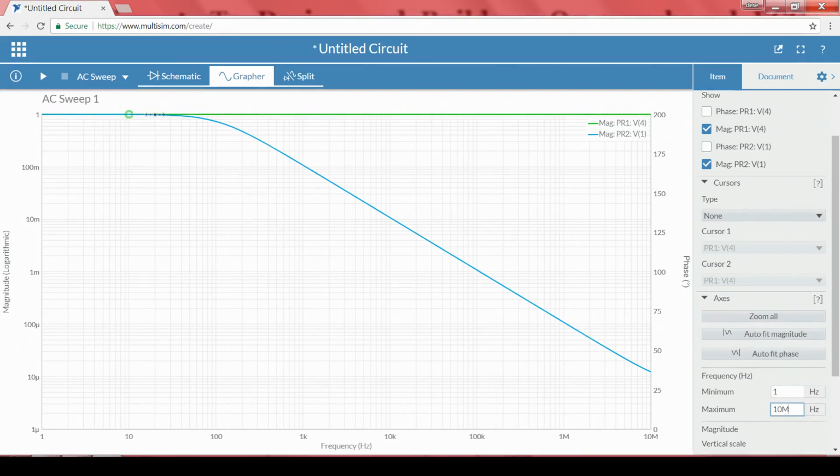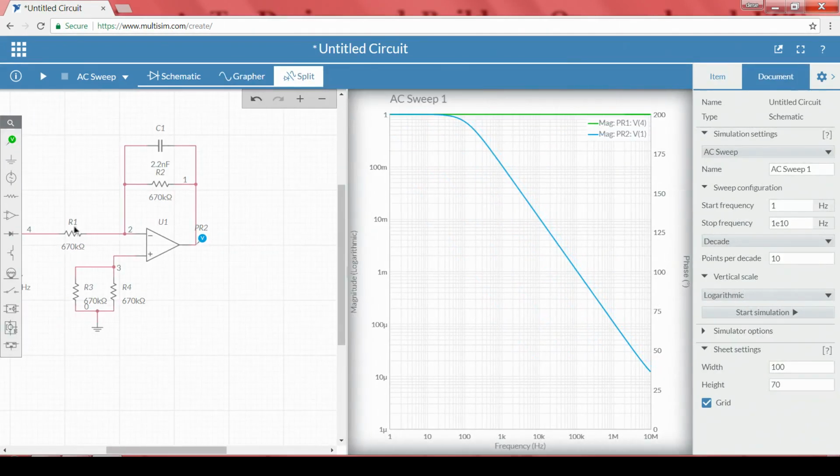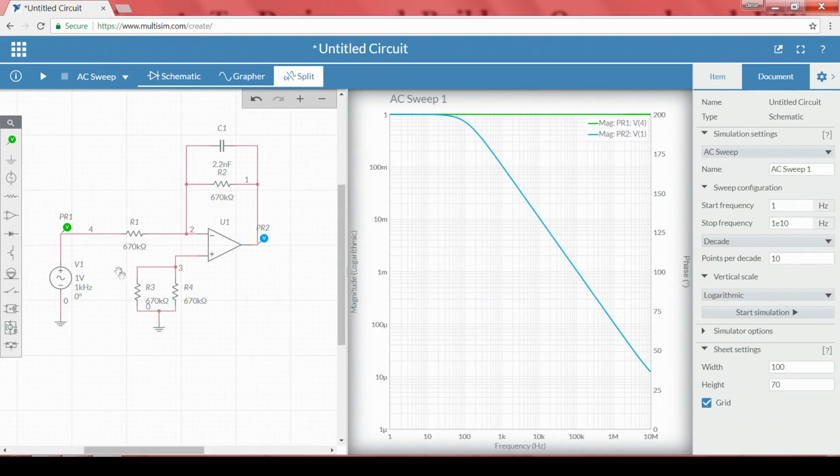Now, what does green represent? When we look at our figure, green is nothing but my input and blue is nothing but the output. One thing is clear: the input and output have the same gain, an amplitude, or magnitude, of 1.